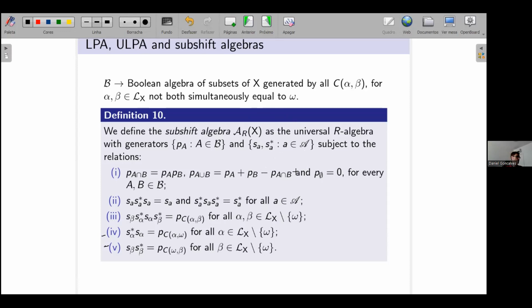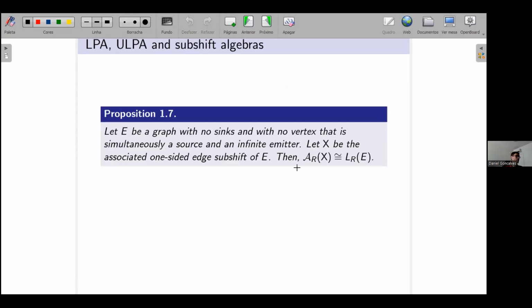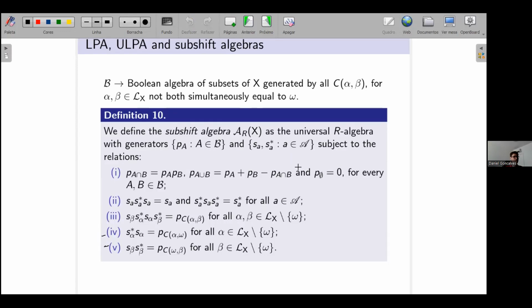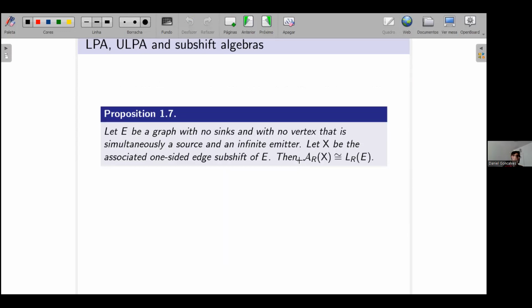Okay, and this algebra, of course, is better suited for the Leavitt path algebras of infinite graphs and so on. So what we have is a graph with no sinks and no vertex that is simultaneously a source and an infinite emitter. Our algebra really relies on follower sets.